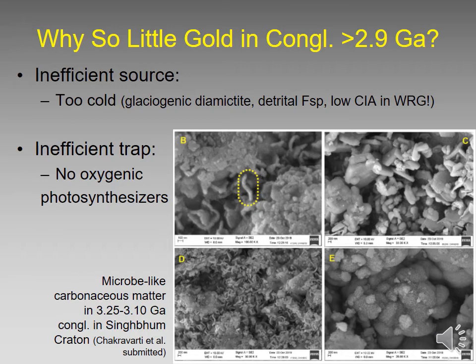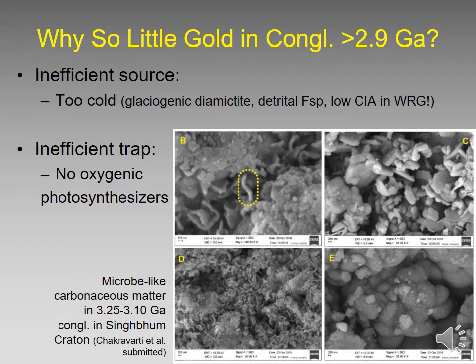We know this from the abundance of detrital feldspar, which is in strong contrast to the Central Rand group sediments, where we don't have any feldspar effectively. We know this from generally lower chemical indices of alteration in the West Rand group. So maybe it was just too cold, and it means chemical weathering was not intense enough to dissolve large amounts of gold over a given period of time to be transported by the meteoric waters of the land surface.